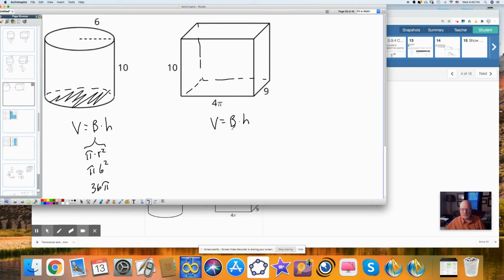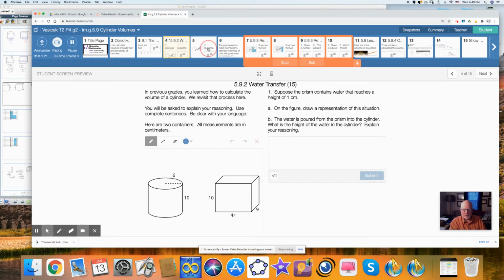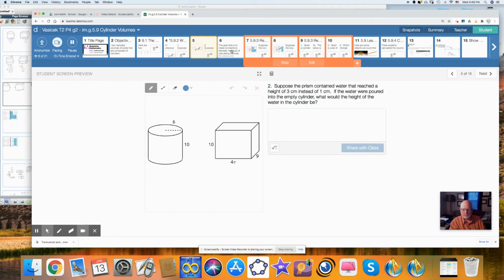Here we have an area of the base, which is the length times the width, which is 4 pi times 9, which is 36 pi. They're the same. Since these bases are the same, when I multiply by the height, my heights would have the same level. They would rise to the same level. And that's what we explore in this activity.